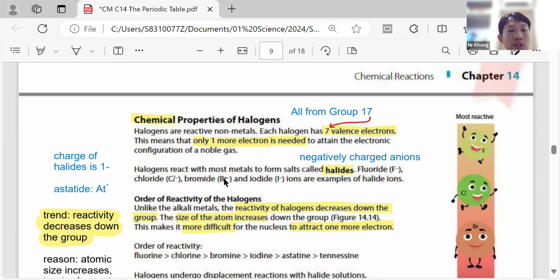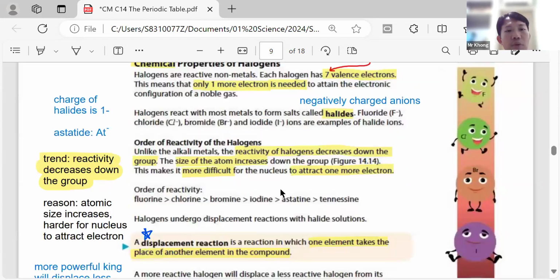Now, the trend is another important thing. Remember, in the periodic table, we are always looking at trends of our elements. So in terms of the group 17 elements, the trend in reactivity is that the reactivity decreases down the group. What this means is that our halogens become less reactive.